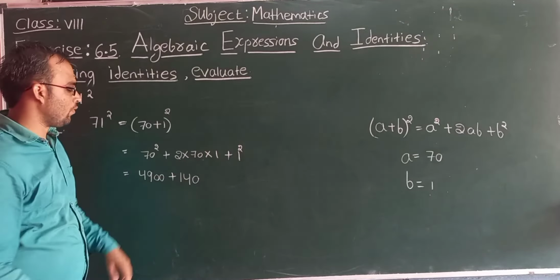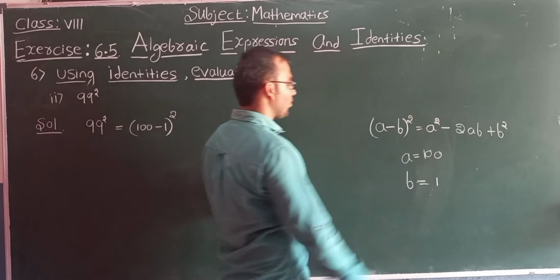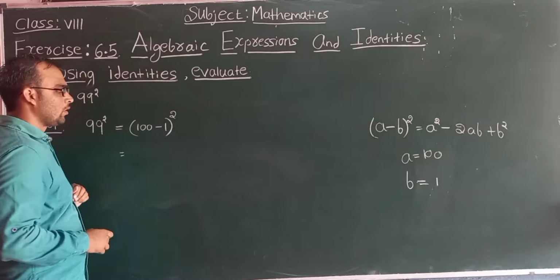Now in place of a there is 100 and in place of b, 1 is there. According to the formula, a square, a means 100, minus 2 into a, that is 100, into b, that is 1, plus b square, that is 1 square. Here 100 square is there.